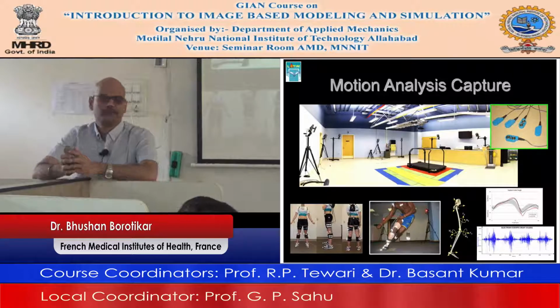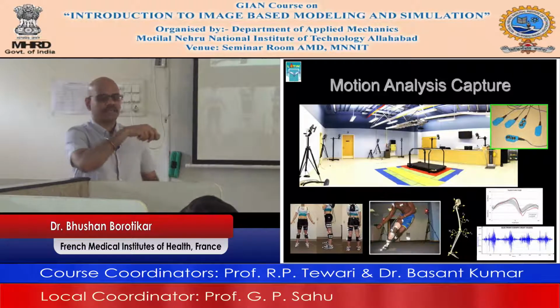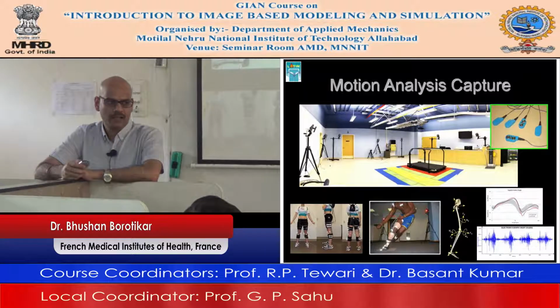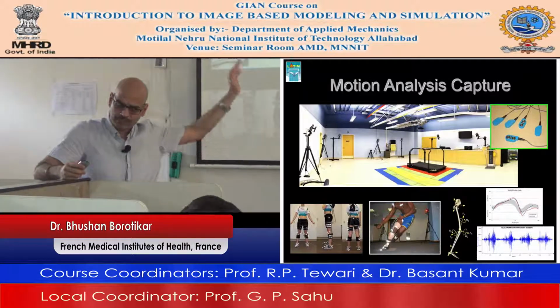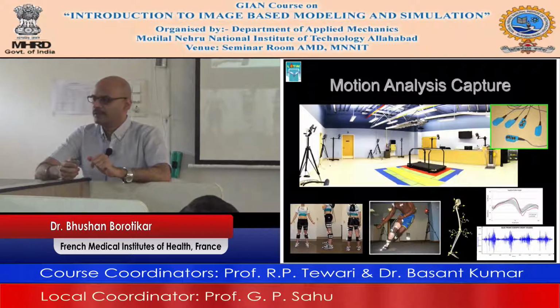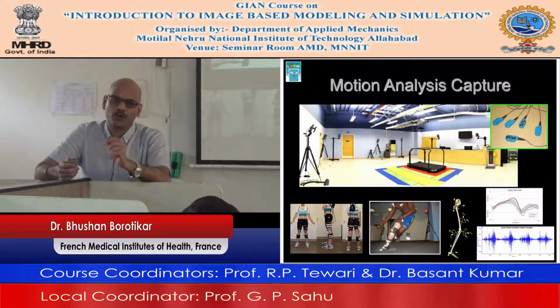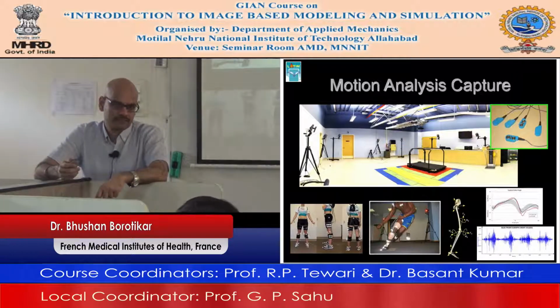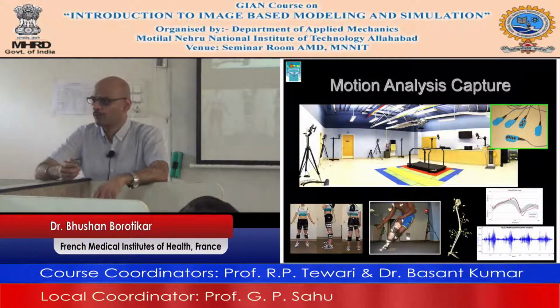What happens when you have the marker set and an inbuilt program to get the kinematics as an outcome of this motion capture system? They have a set of joint coordinate systems embedded using the markers. We don't. We use markers to move the segments.